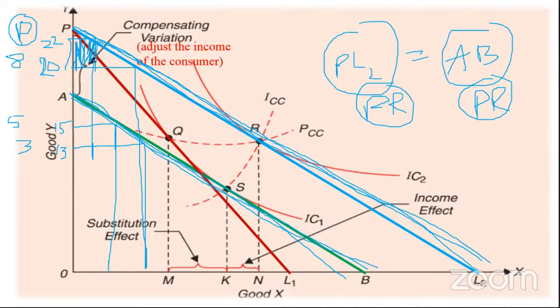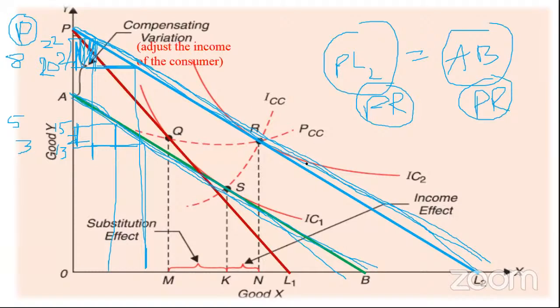So 15 minus 13 and 22 minus 20, here the change is 2, here the change is 2.